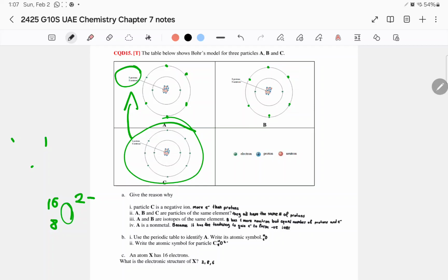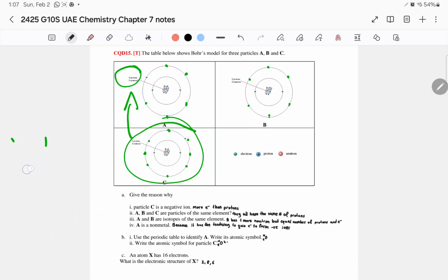Why? Because it gained 2 electrons here. The original one had 6 on its final shell. This has 8 on its final shell. So what happened? You gained 2. So 2-.